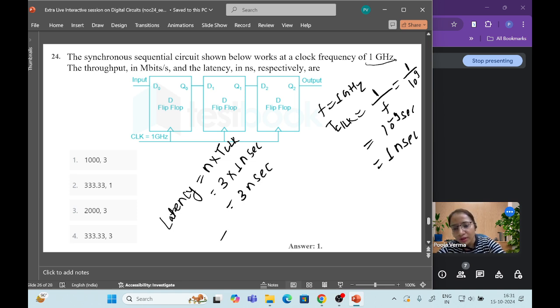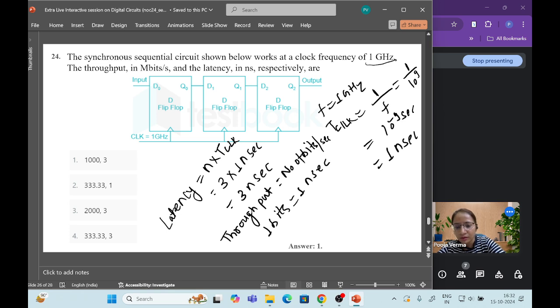And throughput is calculated by the number of bits per second. So how many bits per second? For 1 bit, the delay will be 1 nanosecond, right? So what will be the throughput?